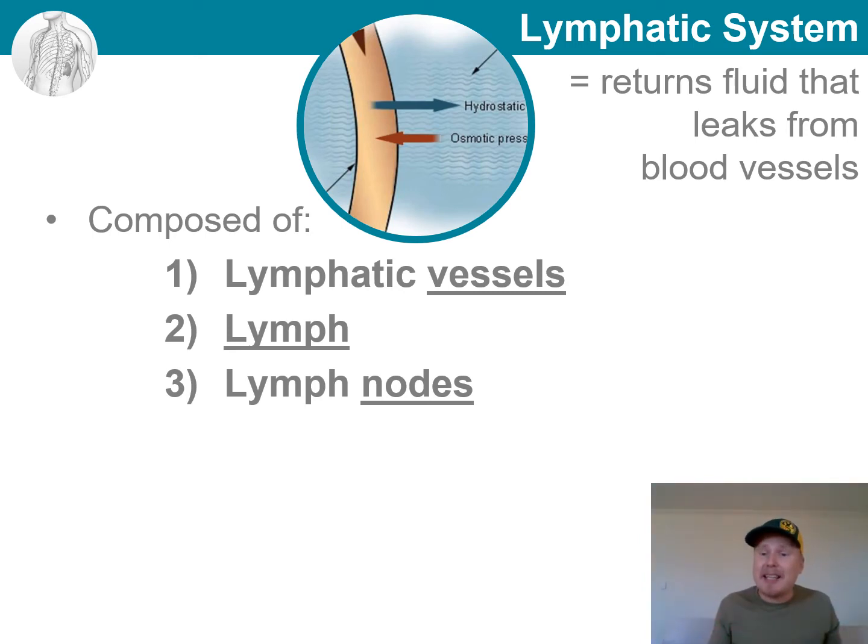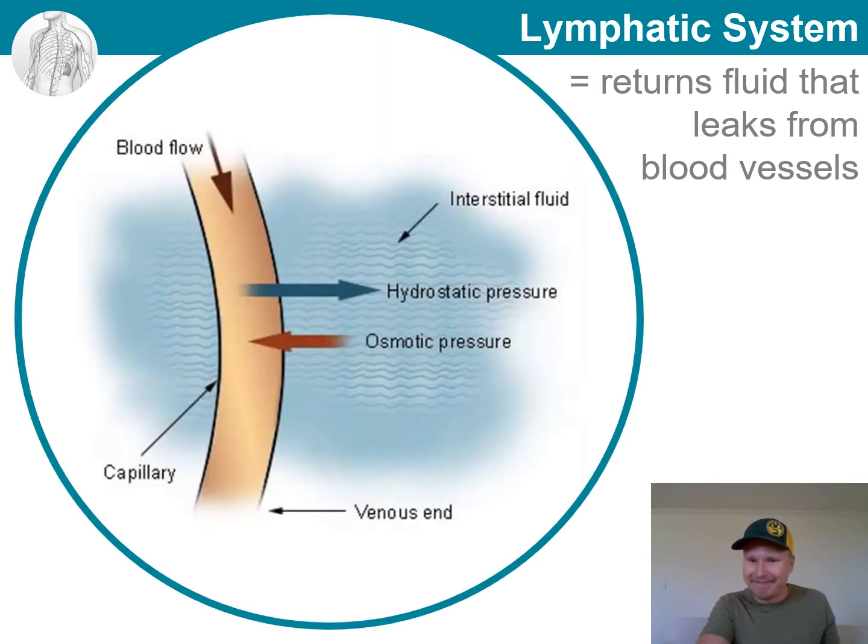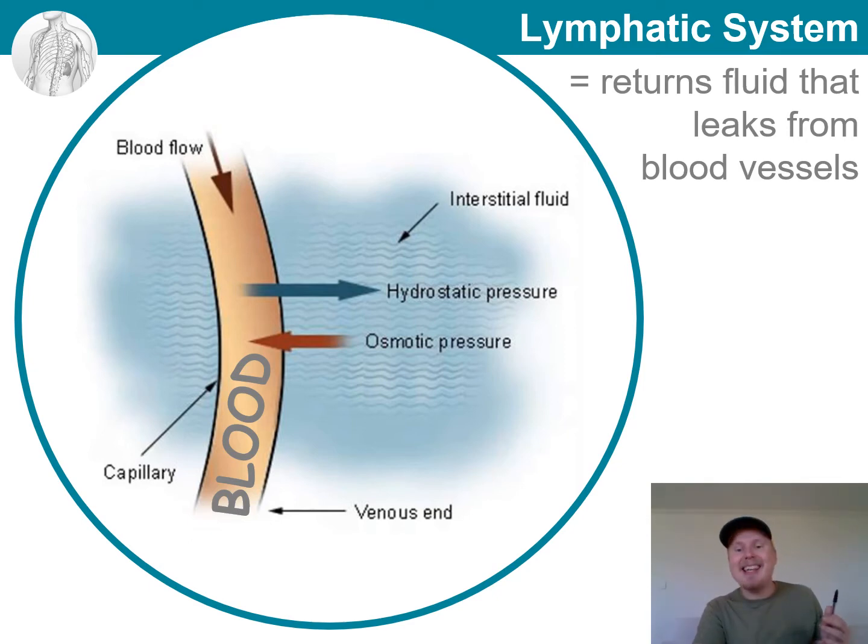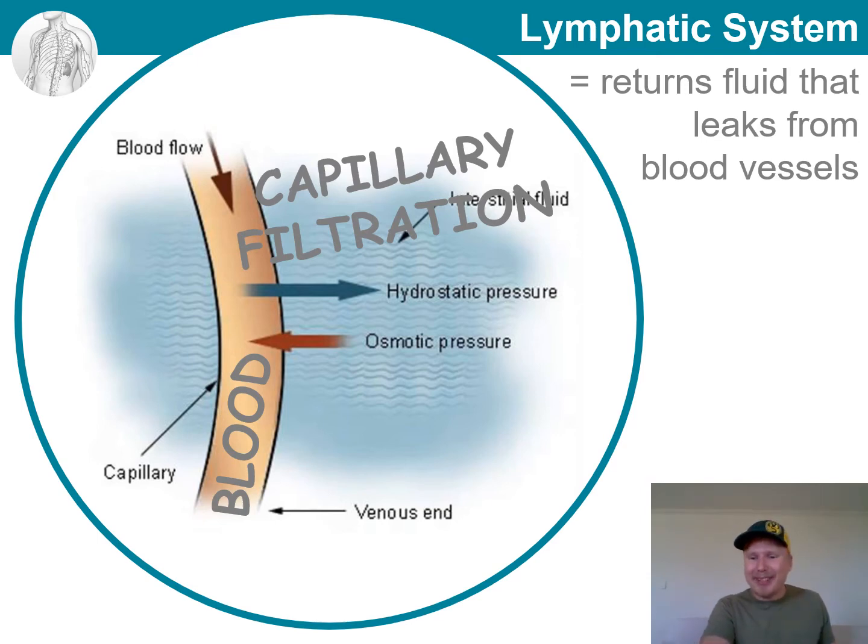So let's look at this a little more by zooming into what happens. Here we see these two forces working on the level of capillary microcirculation. If you remember that the human circulatory system passes some 20 liters of blood through each day, you will notice that it all has to pass through this area. The term that we will use to describe what happens here is capillary filtration.